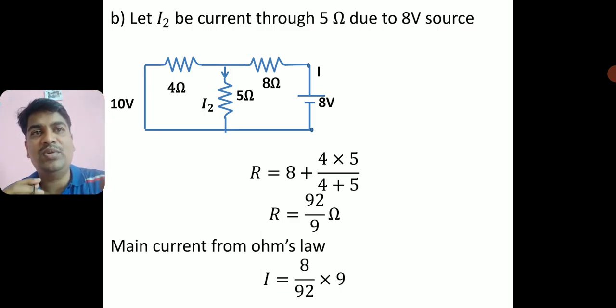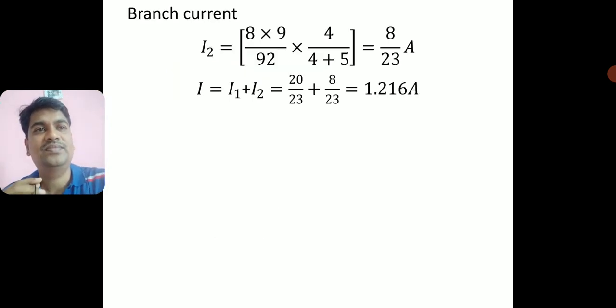The current I am looking for is the current through 5 ohm, so the other branch is 4 ohm. So it is 4 divided by 4 plus 5. If I calculate this, I will get I2 as 8 by 23 amperes. So I have found the current through the same 5 ohm resistor with the battery of 8 volts and the 10 volts terminal short circuited.